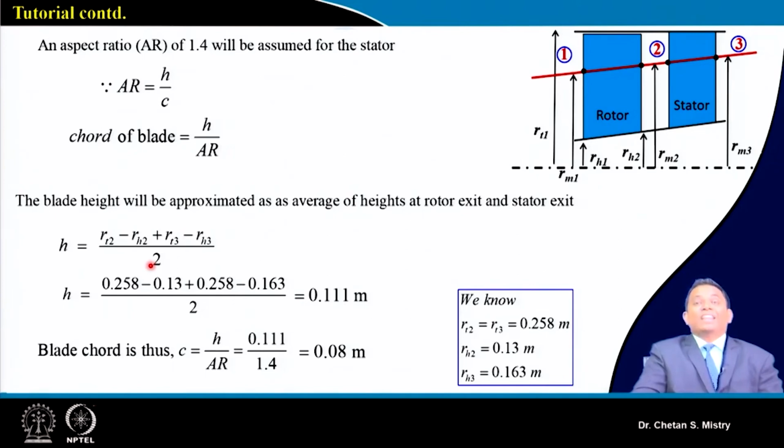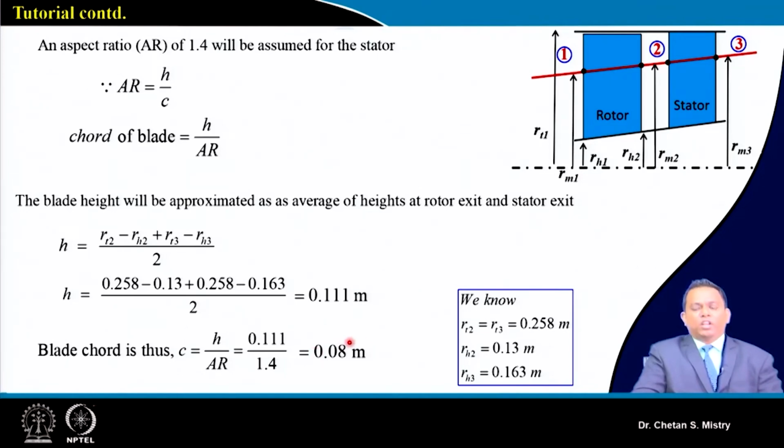This is in line with what we have done for our rotor. The same way you can calculate the average height for the stator, and it is coming to be 0.11 meter. Now the chord calculation is coming as 0.08 meter. So we can say this is in line with what we are expecting.